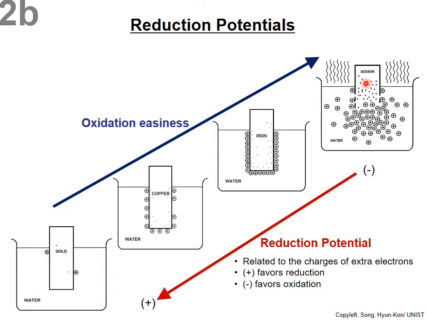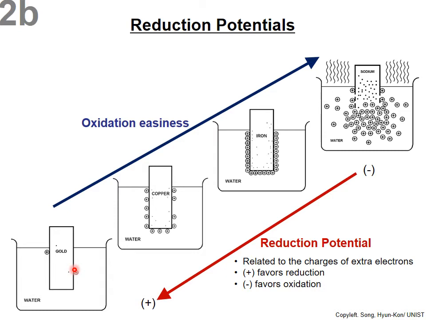So this guy could donate their own electrons to the other guys. It means sodium would be easily oxidized into sodium plus ions because this guy is rich in terms of electrons. However, let's get back to the other extreme case, gold.